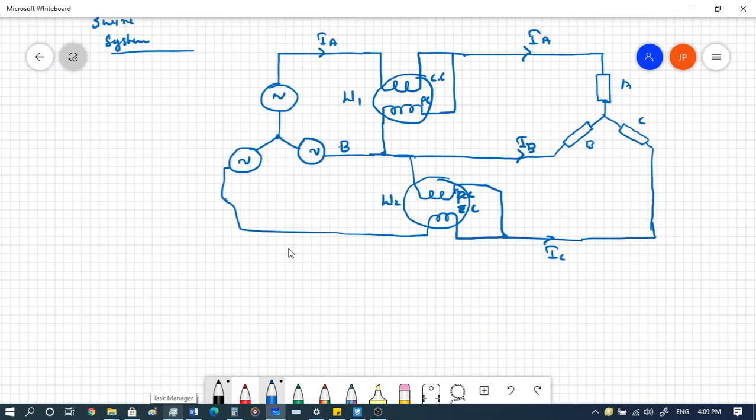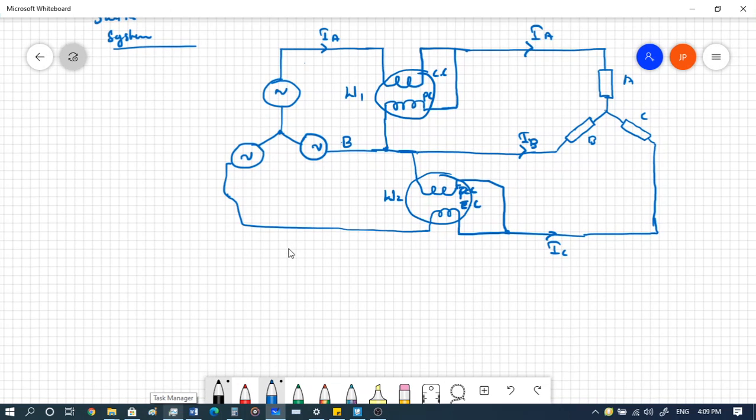Now let's look at what would be the reading of W1 plus W2. Right, W1 plus W2, what would be the reading in this case? And let's see how we can find the total power in this case.